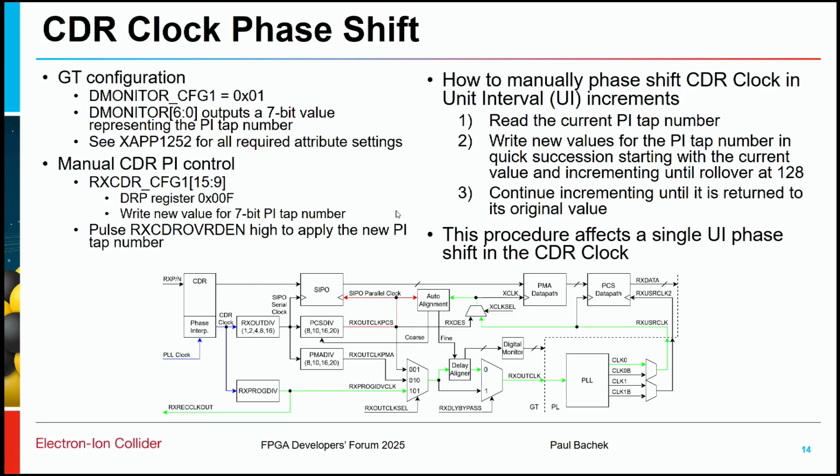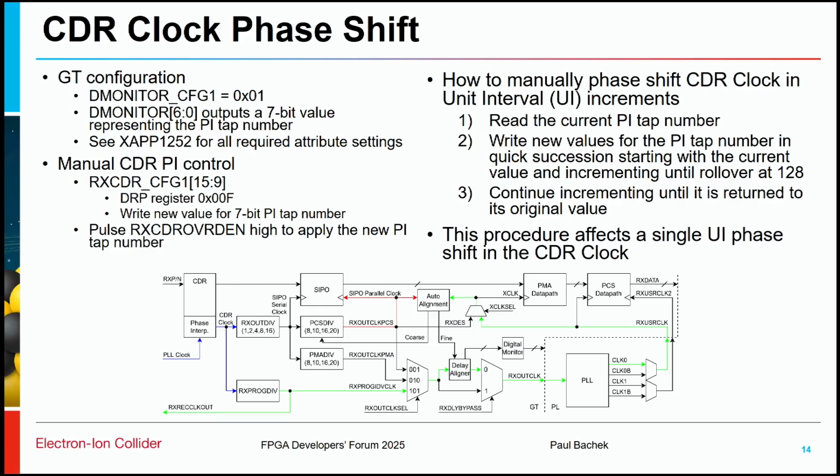So to do this, it requires some special configuration, and the idea is you just cycle the phase interpolator through every tap value until it rolls over, and keep going until the original value that it was at, and then effectively that shifts it by 1 unit interval bit period. So now we can do a bit slip from the user logic.